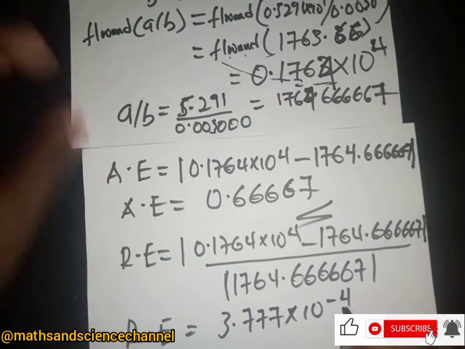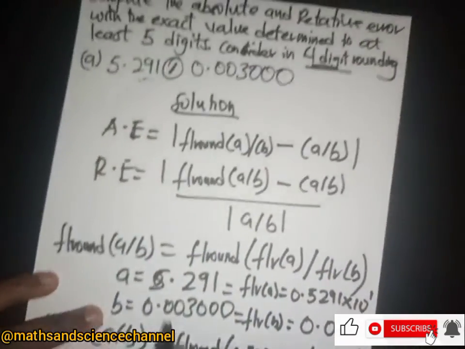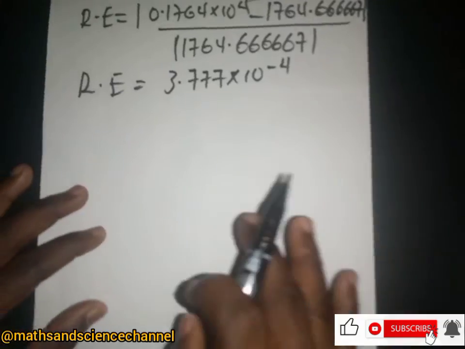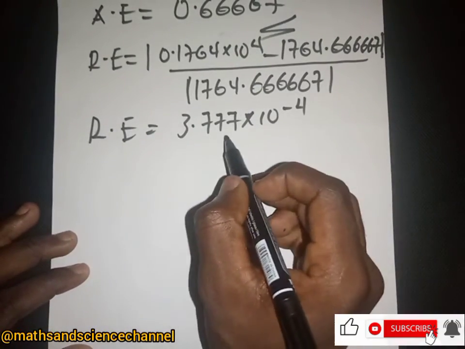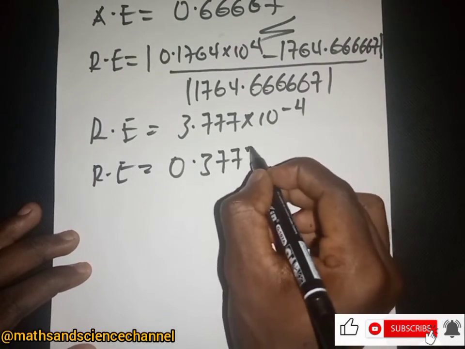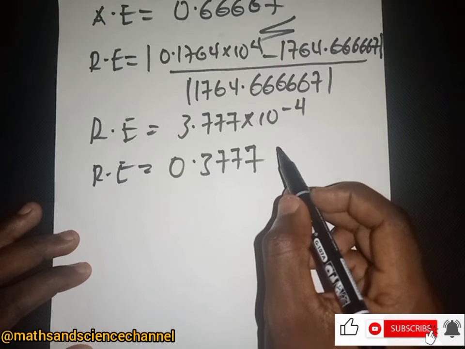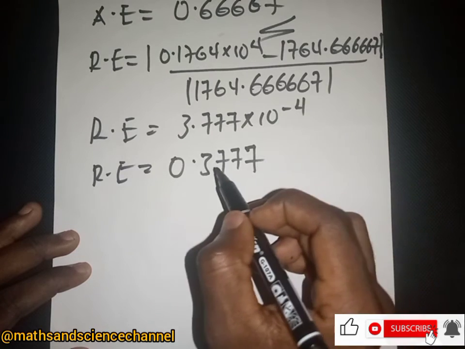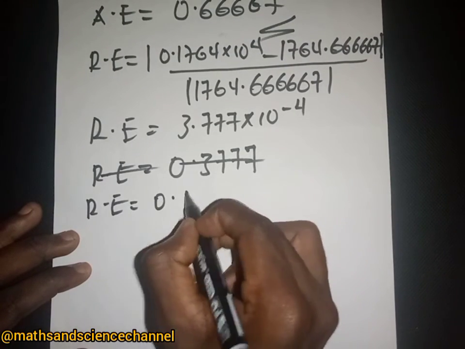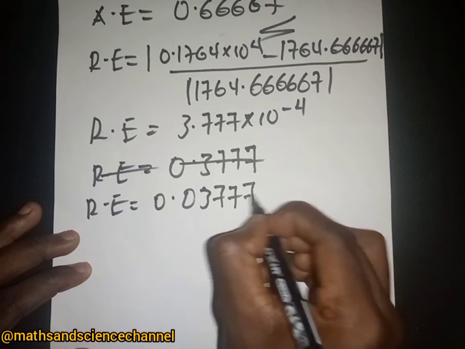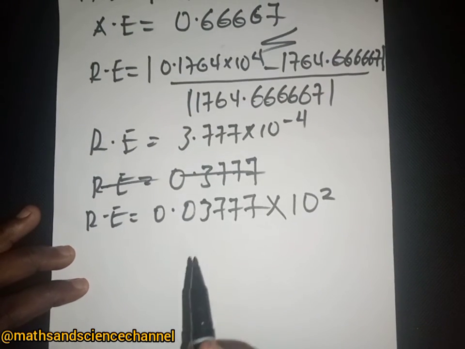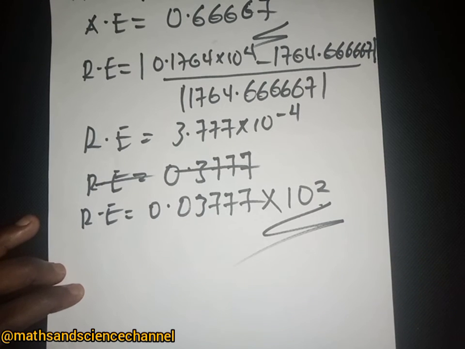But the question says 5 digits, so we can add another 0 and have 0.03777 times 10 to the power 2, and that will be the relative error.